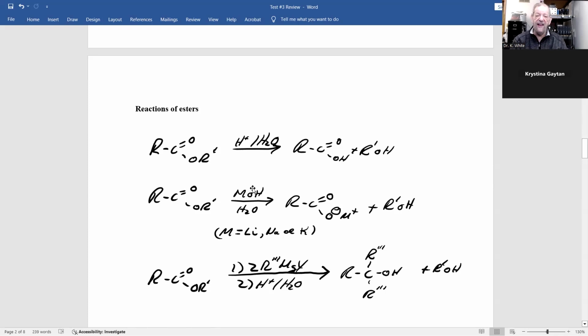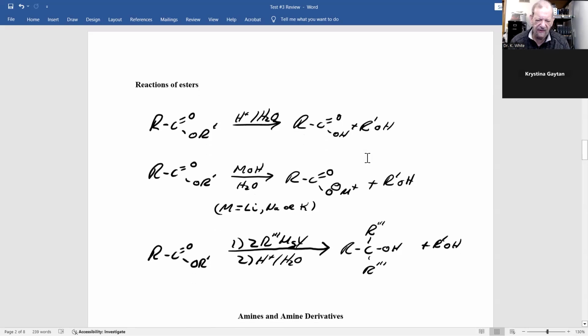Later on, you'll find out that's how your stomach and intestine break down fats and oils to make fatty acids and alcohol or glycerin that your body uses. So again, ester, acid, and water, you get a carboxylic acid and the alcohol you would have used to make that ester.